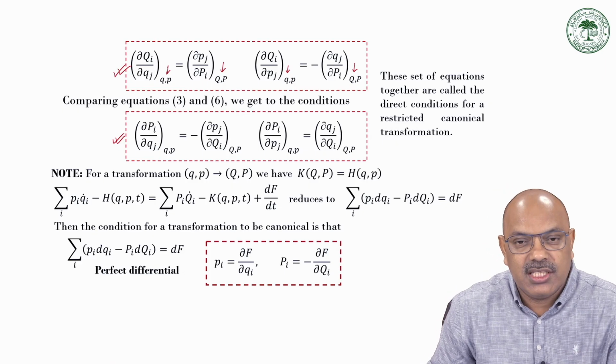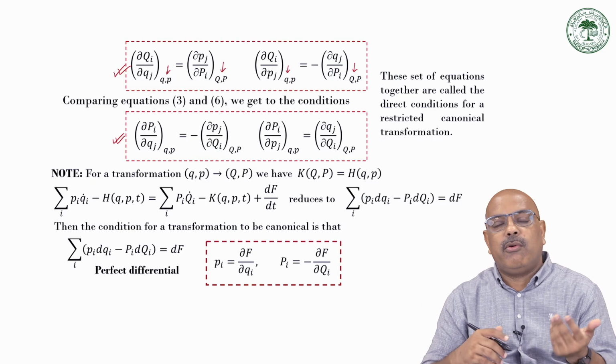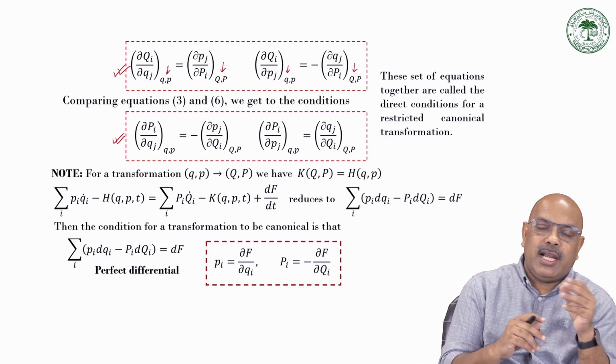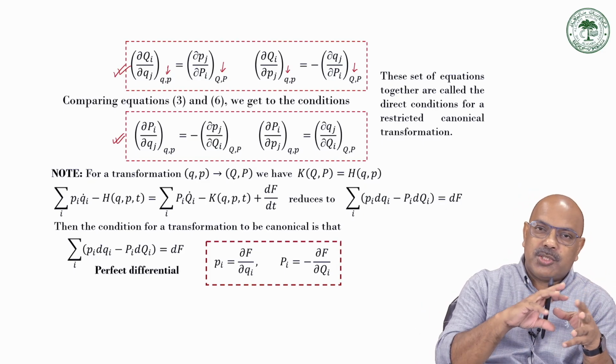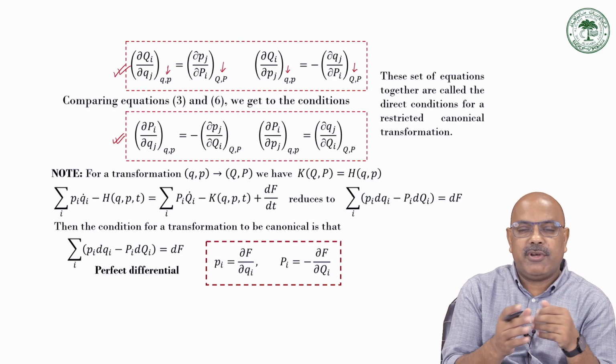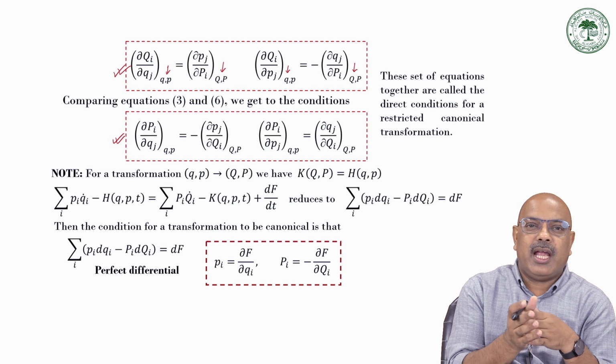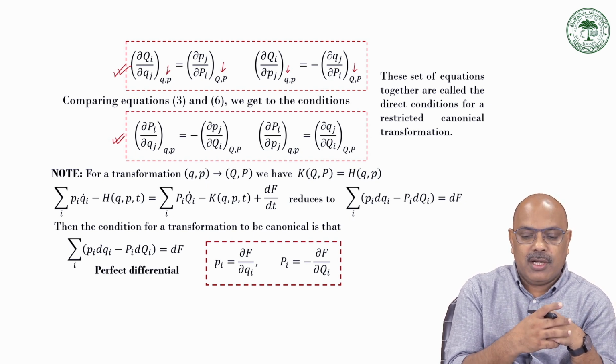So one way to check that your transformation, going from old to new coordinates or new to old coordinates, is canonical: if I have expressions in terms of the old and new coordinates, and I calculate these differentials, and they validate the conditions, then those transformations are said to be canonical transformations.